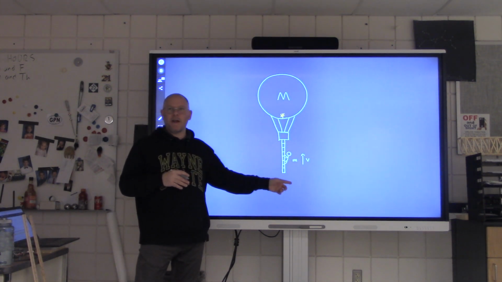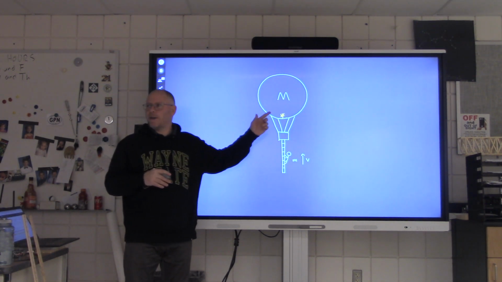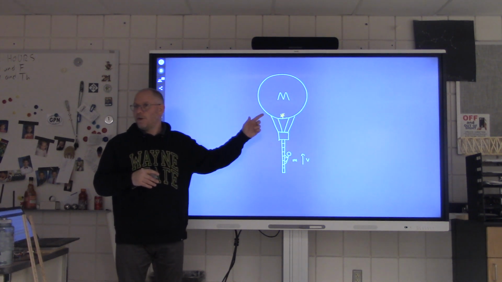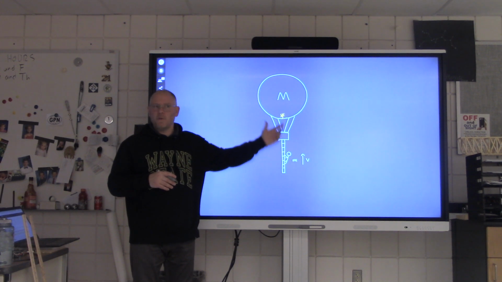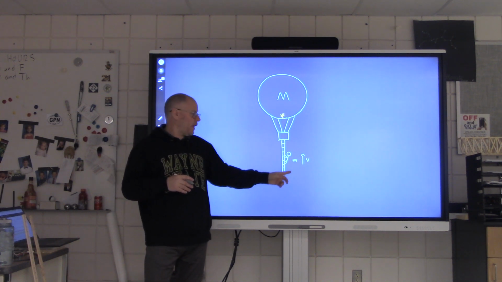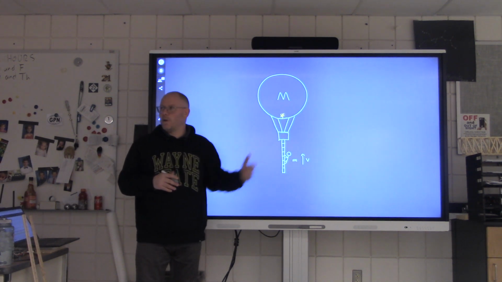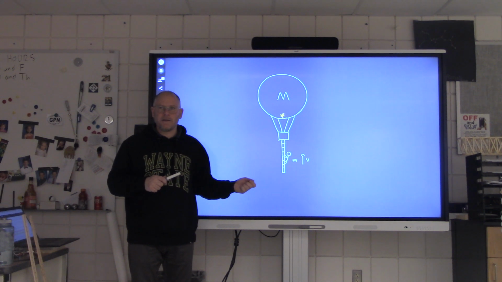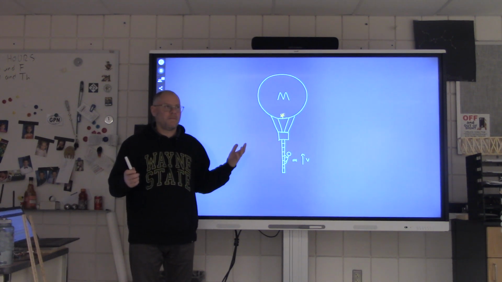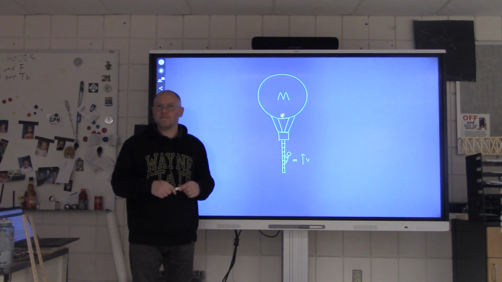The guy pulls down on the balloon and the balloon pulls up on the guy. So the speed of the center of mass has to stay 0, which means if the guy is moving up at some speed v, the balloon has to move down, but at a speed less than v because it's more massive.